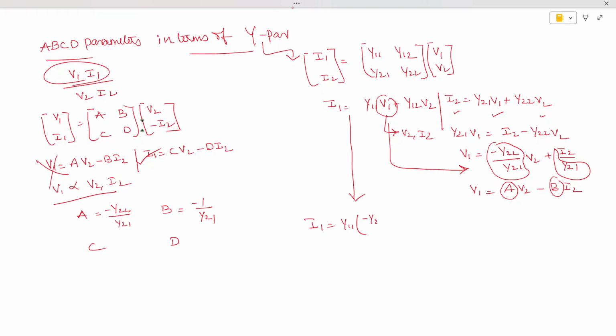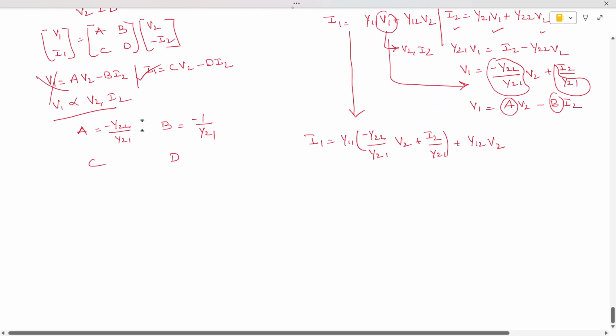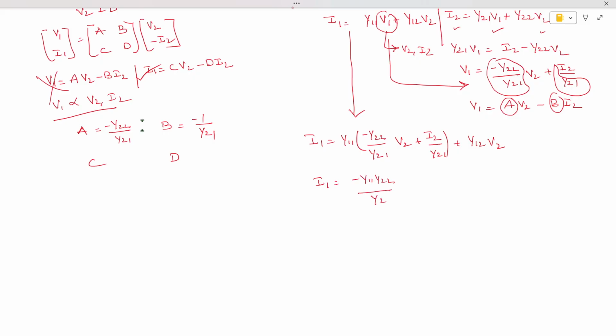This is minus Y22 divided by Y21 V2 plus I2 divided by Y21, plus Y12 V2. So now when we substitute here, I1 is equal to minus Y11 Y22 divided by Y21 V2 plus Y11 by Y21 I2 plus Y12 V2.